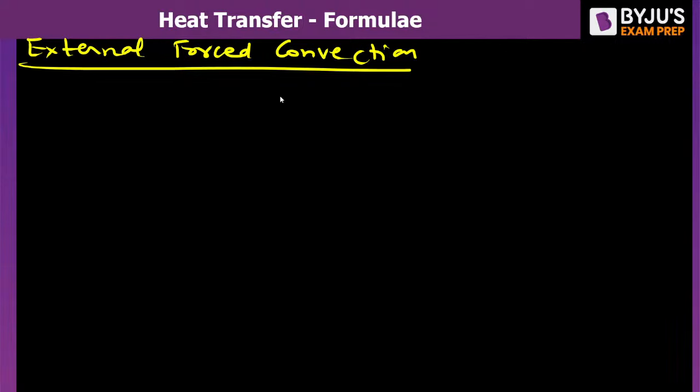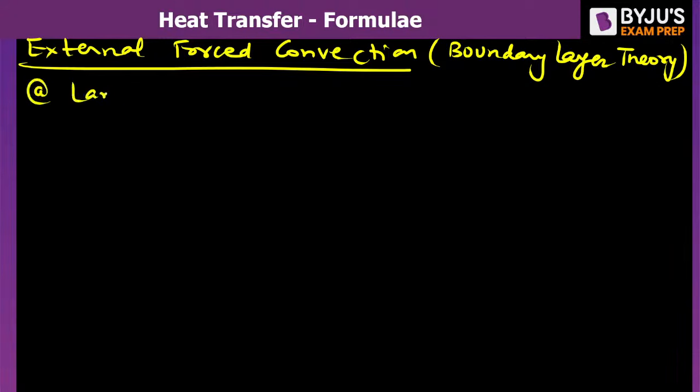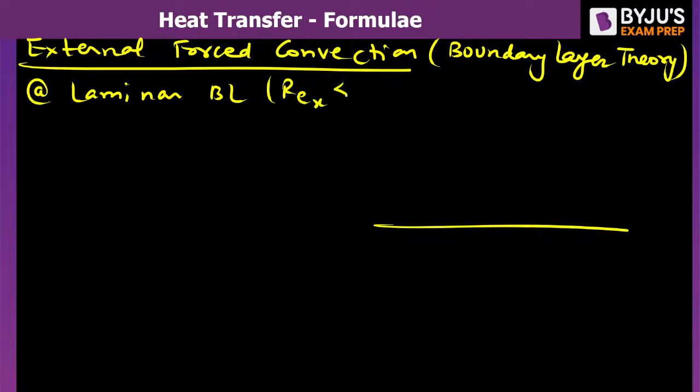When the fluid is forced to flow over a surface, that is analyzed by boundary layer theory. One is the laminar boundary layer. For the laminar boundary layer, the local Reynolds number is less than 5 into 10 to the power 5.